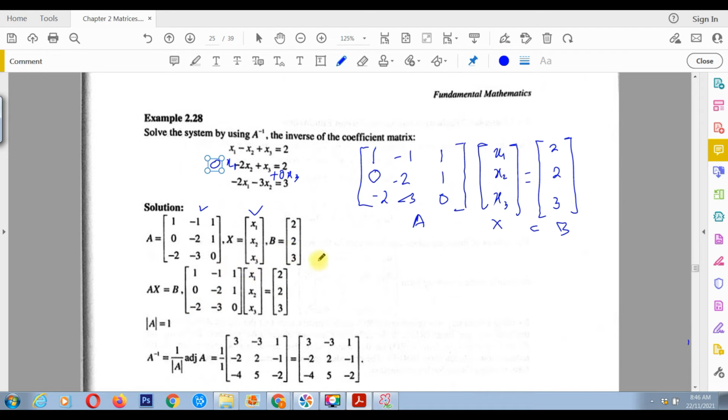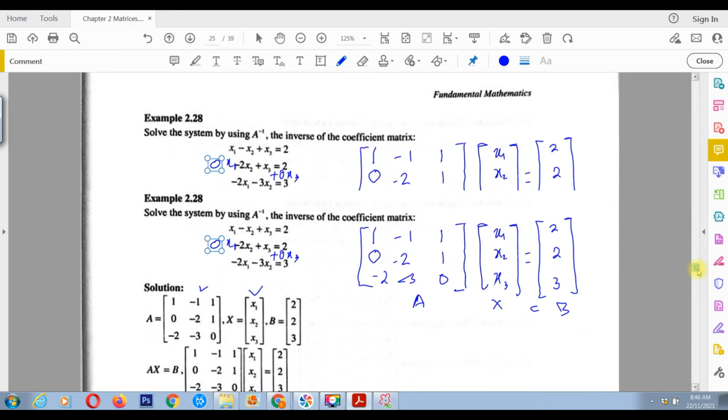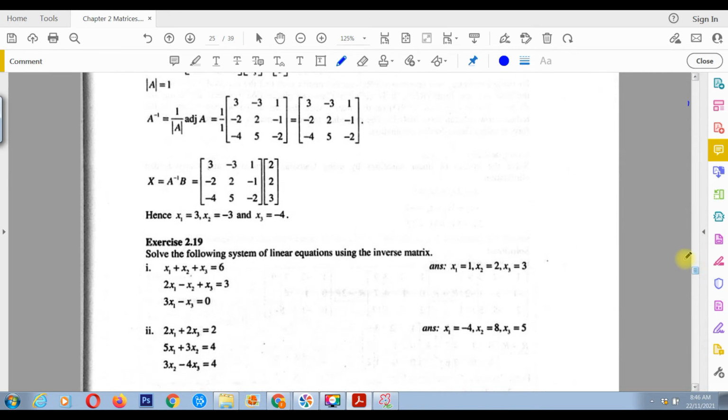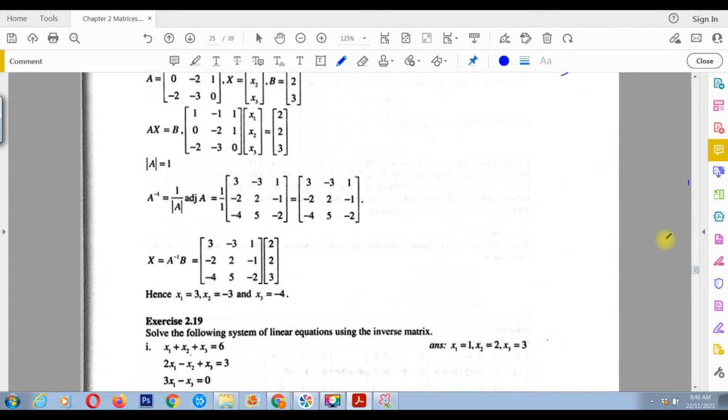And then we need to find A inverse. How to find the A inverse depends on the question. Here they use a cofactor to find the inverse. Then you get this, right?